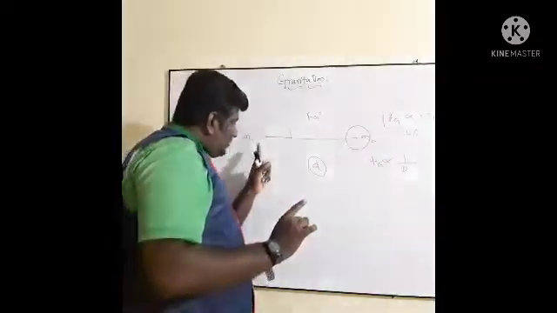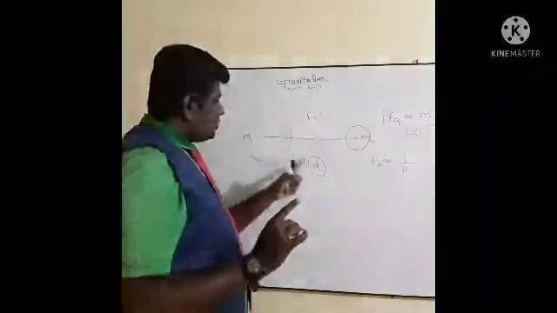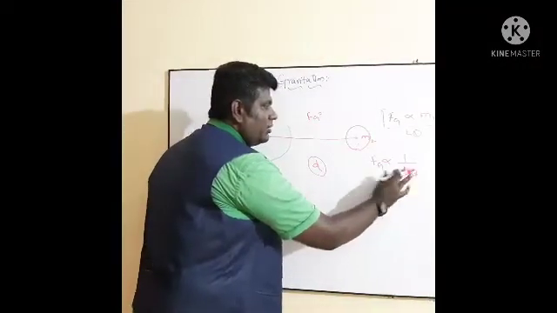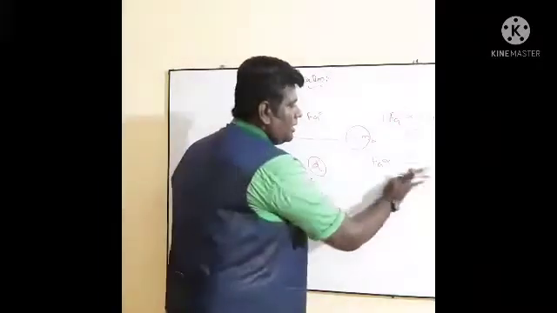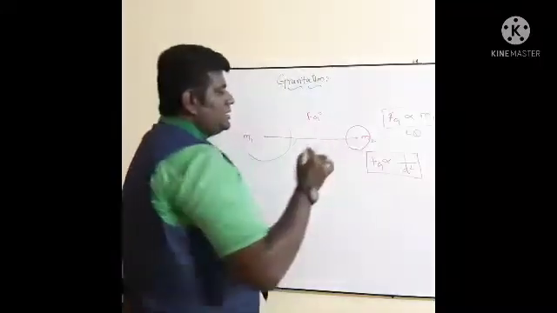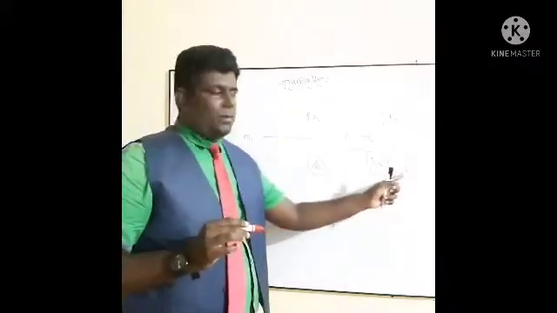See, the distance from mass 1 to mass 2 is d, and the distance from mass 2 to mass 1 is also d. Therefore, d into d, you will get d square. This is called the inverse square law. Okay.